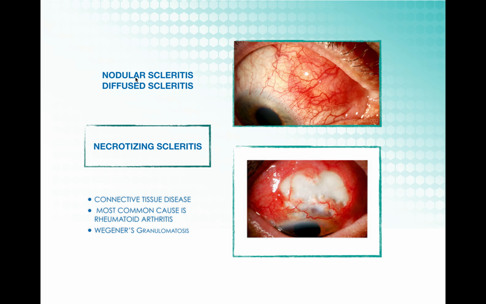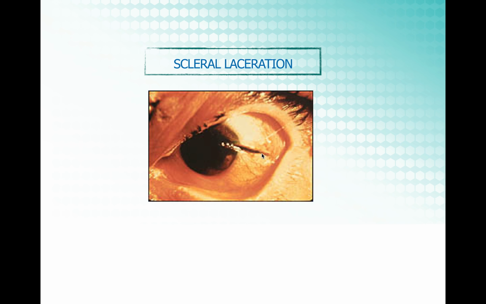Scleral laceration is often seen following a facial or orbital injury or trauma. As you can see in this picture, the scleral laceration is at the 3 o'clock position at about 4 to 5 millimeters.